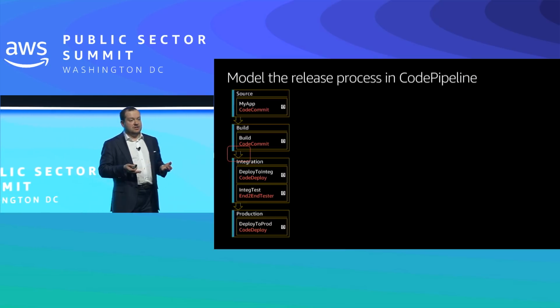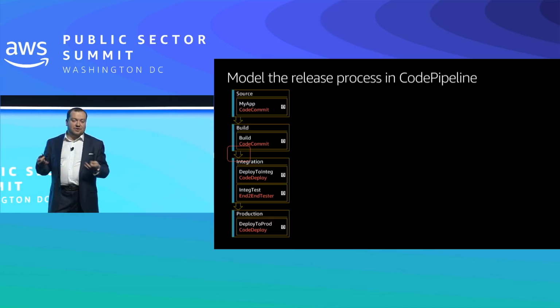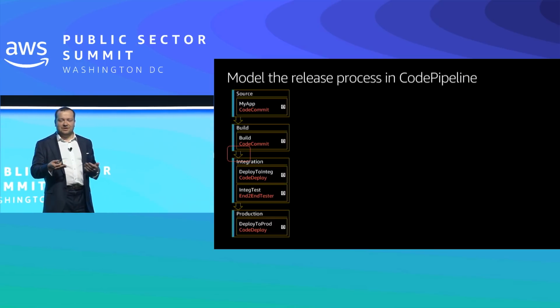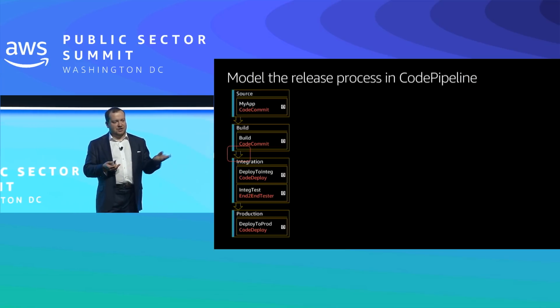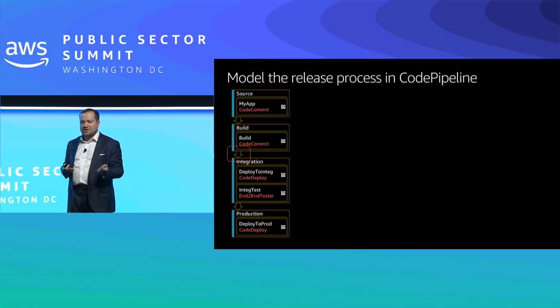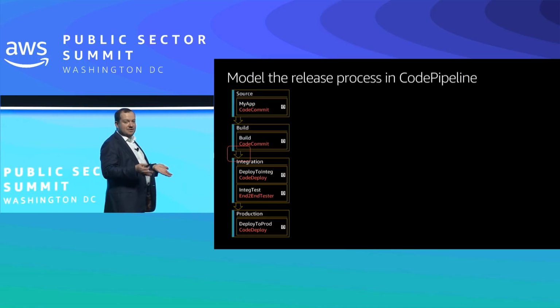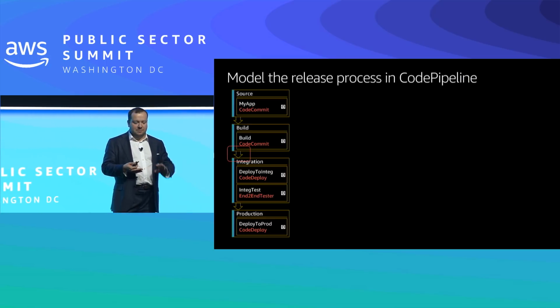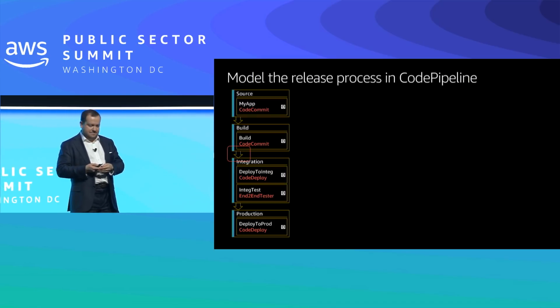And you can disable these transitions as well. So if you've got a fully automated deploy without manual approvals and your testing's not quite working, and you don't want your code to get to production, you can disable the transition to production, and then you can keep debugging it in your test environments until everything's stable. Then you can re-enable the transition to production. But until you do that, if the transition is disabled, it won't go on to the next stage.